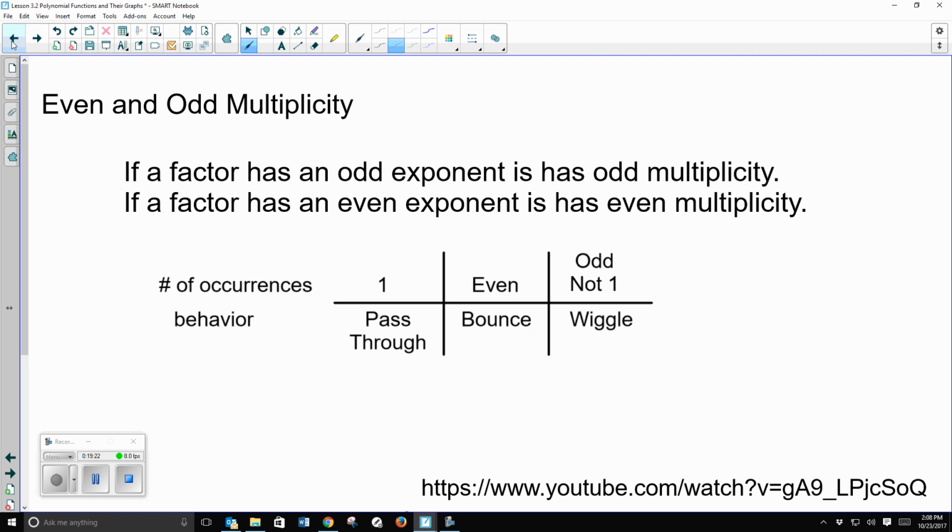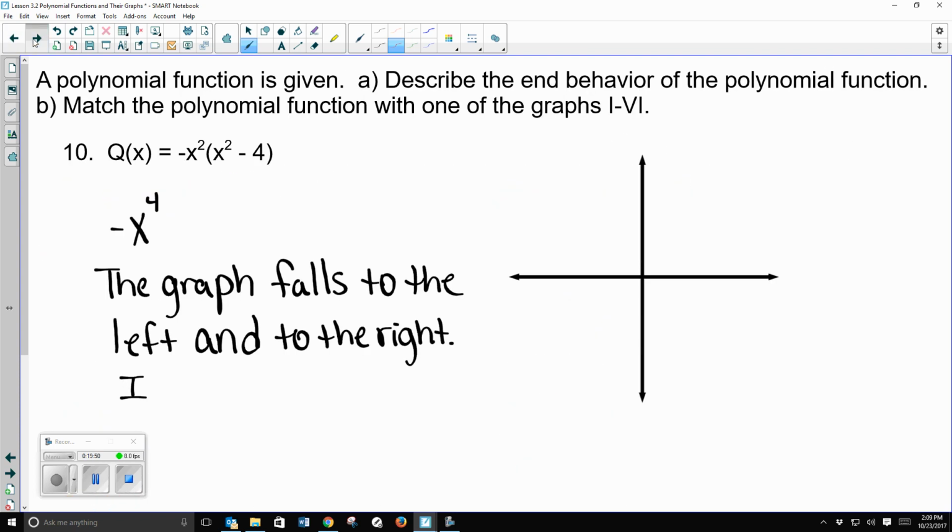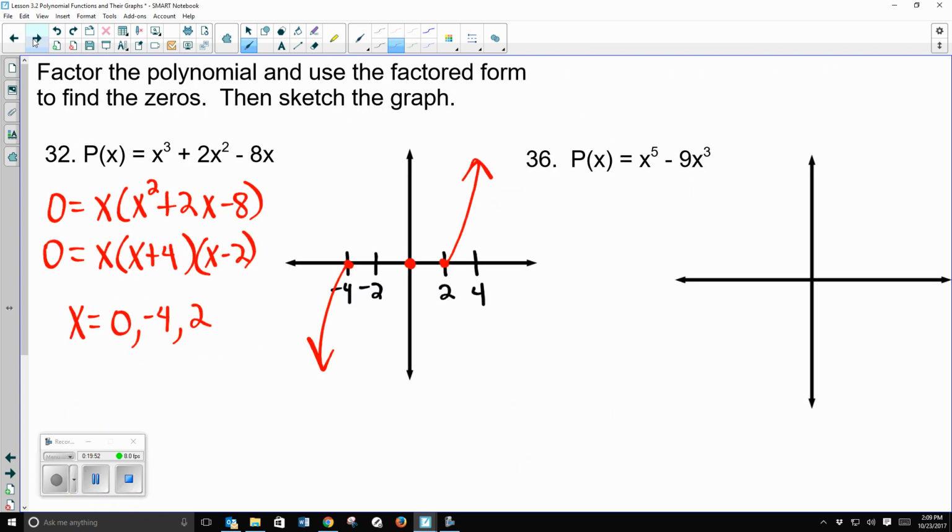If the exponent is even, it would bounce like a parabola. If it's cubed, or odd, it would wiggle like the cubic, f of x equals x cubed, how that looks, okay? So depending on the exponent of your factor is what it will be doing at that zero. So all of these zeros are pass-throughs.